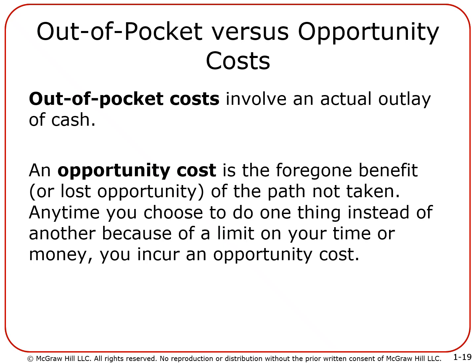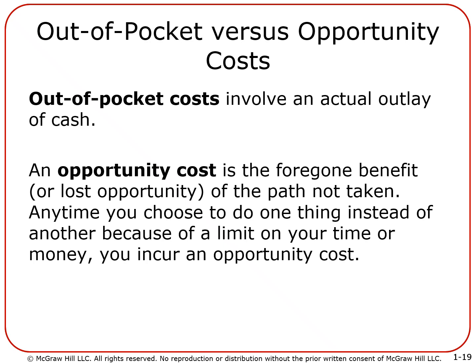Just to give you a very simple, intuitive example. Let's say you were working in McDonald's and you were making, let's say, $15,000 a year. Now, you're coming to attend the school. When you're coming to attend the school, you have to pay tuition, room and board and everything. So those things involve cash outlay. We are calling those room and board, tuition, all this kind of costs out-of-pocket costs.